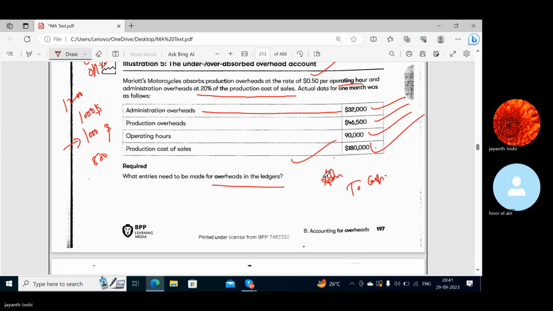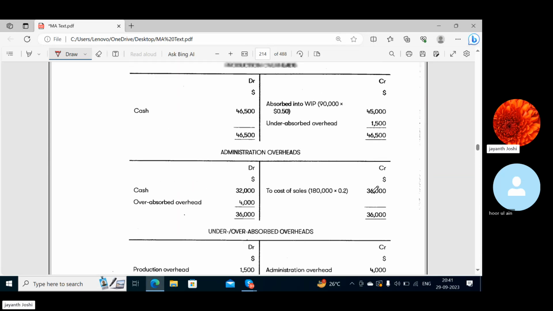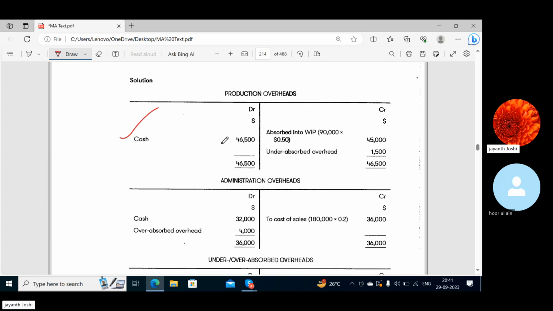Am I right? Because an increase in expenses is a debit and a decrease in an asset is a credit. Do you agree with this, Hoor? Yes, sir. This is the journal entry. For production overheads, it is production overheads to cash. So in production overheads, when I write debit, that shows an increase in expenditure.